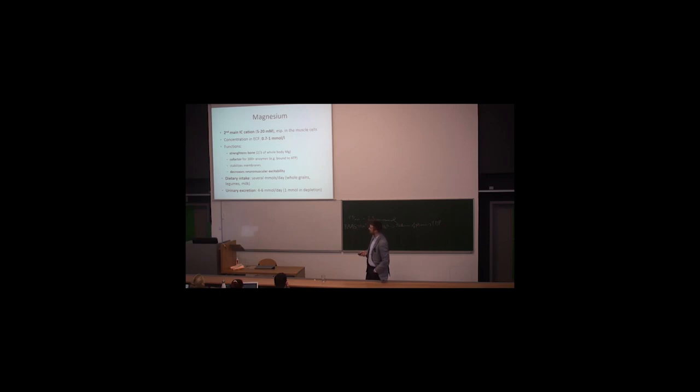Where can you find magnesium in the diet? It's in milk, in some vegetables, in whole grains, in legumes, etc. If you have a normal standard diet, magnesium is typically not deficient. One risk population where it can be deficient is alcoholism.